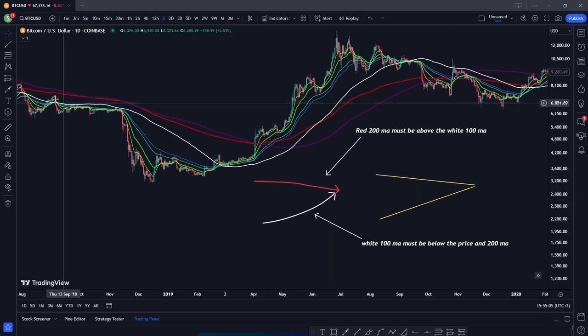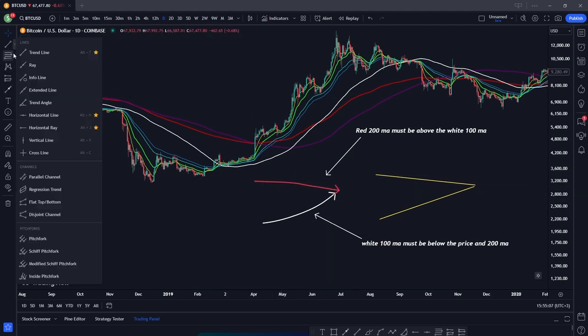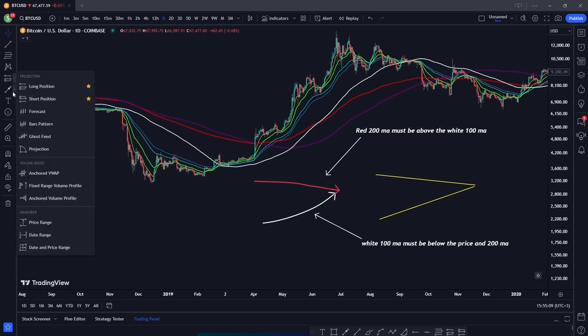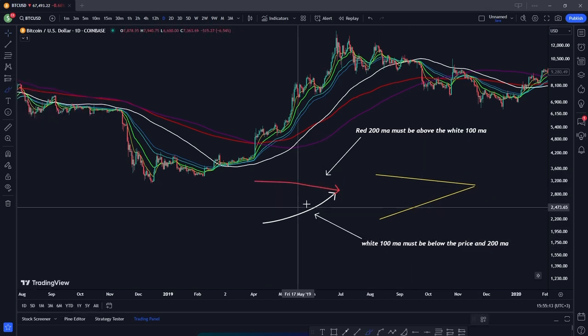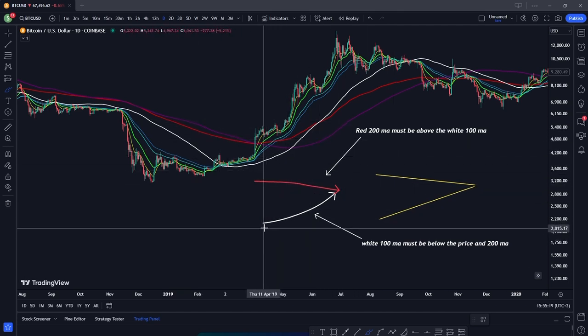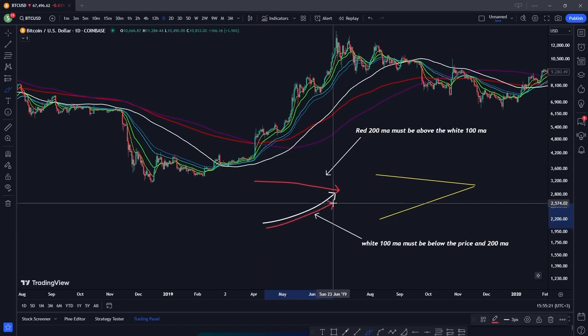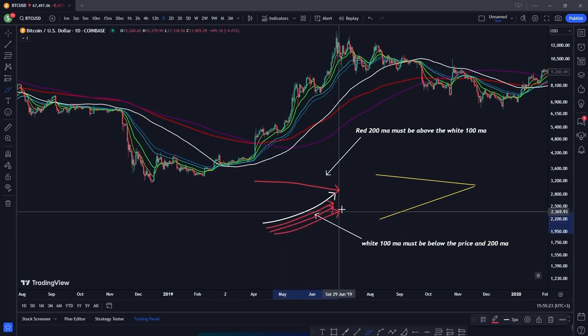And actually there are more moving averages here, but okay. Let's assume there is just red and white, so it's 200 and 100, but in reality, as you can see from the chart above, there are a few more here.